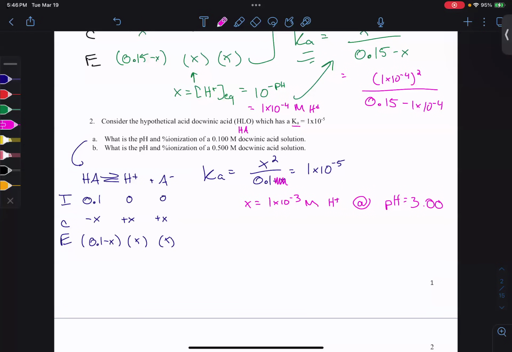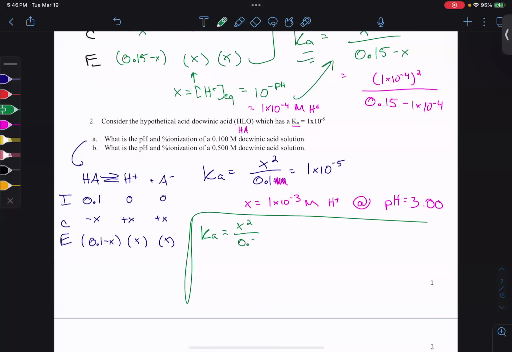So let's prove it. So in B, I hope at this point you recognize what the Ka expression reduces down to when you do the approximation. Ka equals x squared over the initial concentration, so 0.5. You don't have to do the whole ice table if you know you're going to approximate. All right, and this is equal to 1 times 10 to the negative 5.